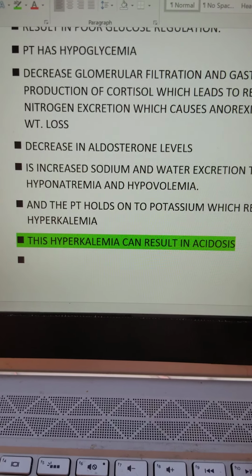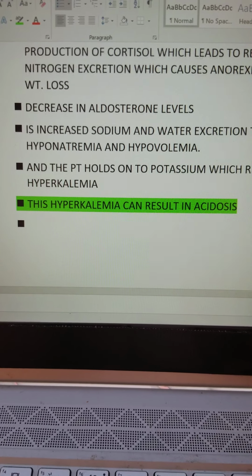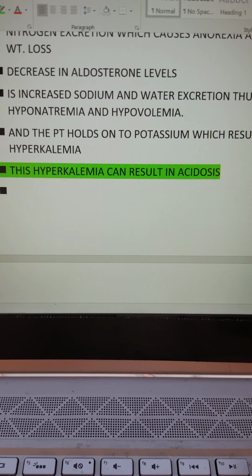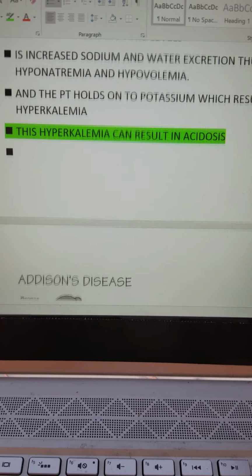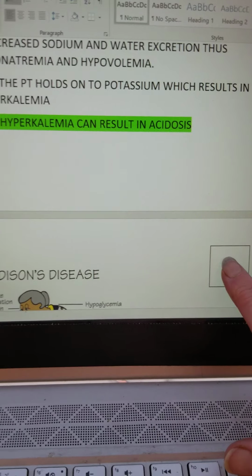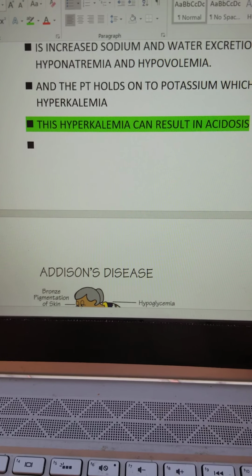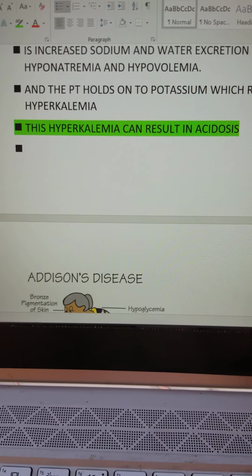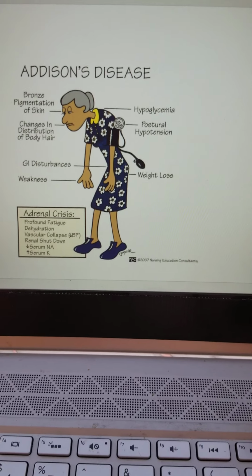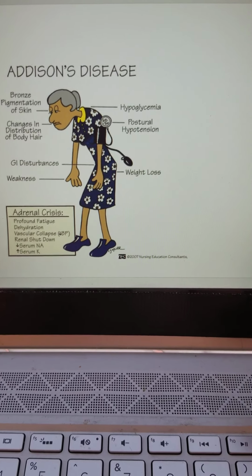Decrease in aldosterone levels is increased sodium and water excretion, thus hyponatremia and hypovolemia are symptoms of the Addison's. And the patient holds on to potassium, which results in hyperkalemia. This hyperkalemia can result in acidosis. Addison's disease, we have the picture here.